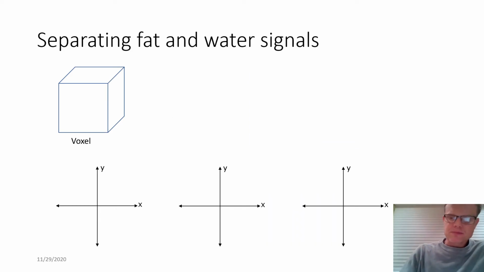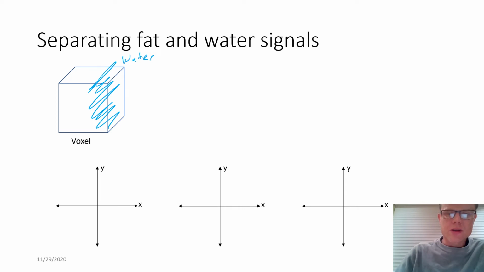Okay, so let's say we had a voxel here. Some part of it is water, and some other part of it is fat. It doesn't need to be so specific to being in the same voxel.